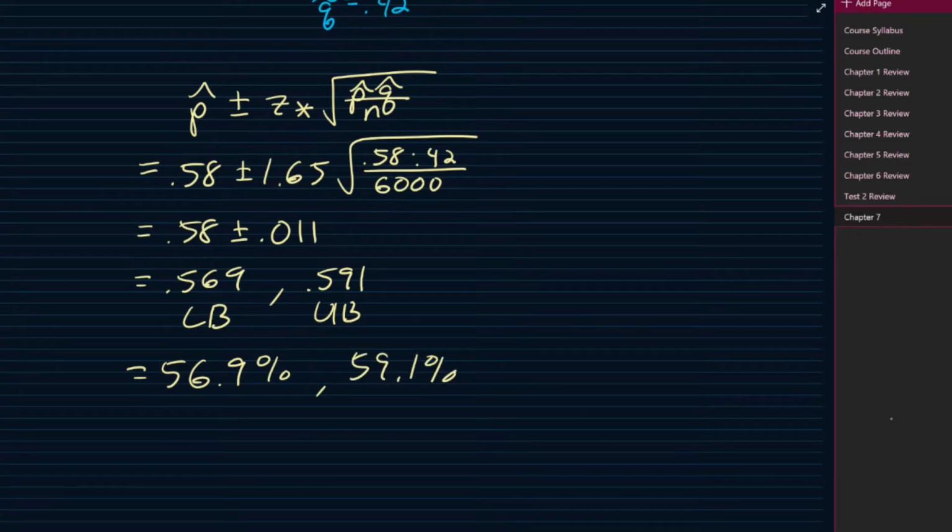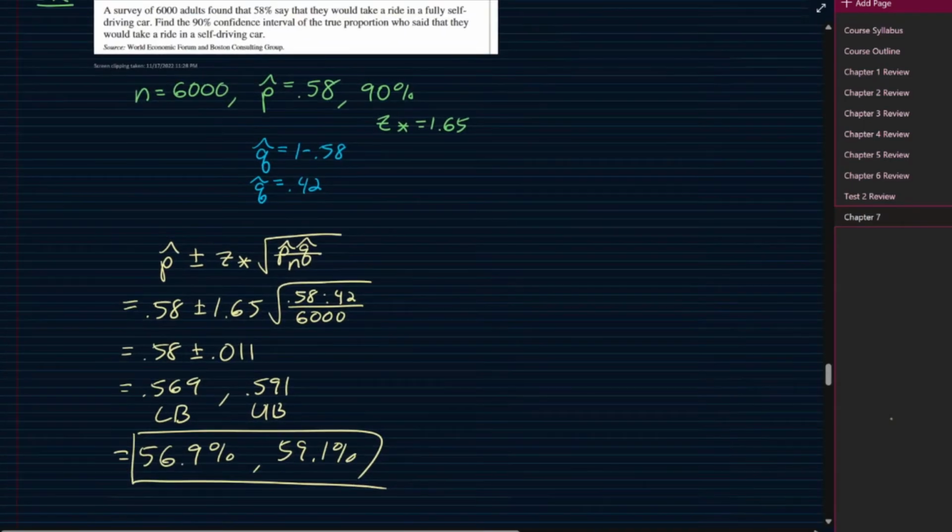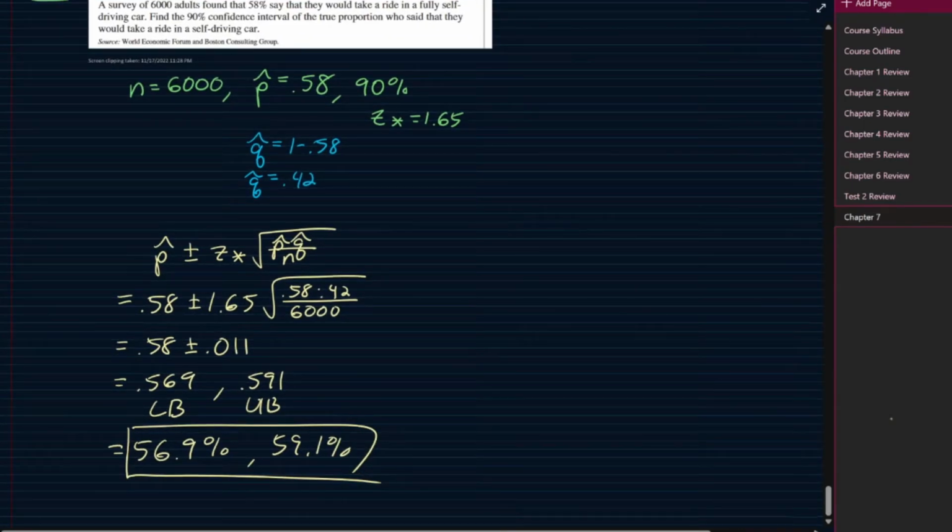So we'd be 90% confident that the true proportion of people who would take a ride in a self-driving car would be between 56.9% and 59.1%. Hope that makes sense to everybody.